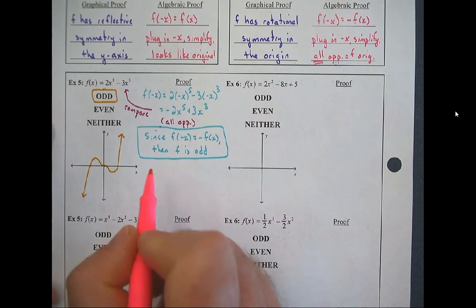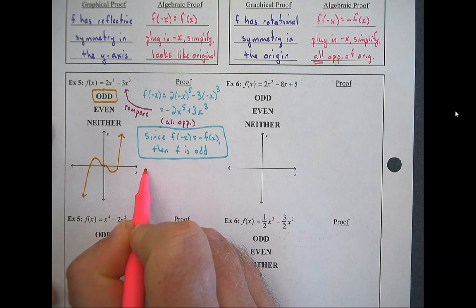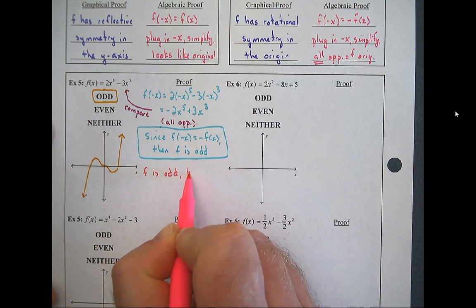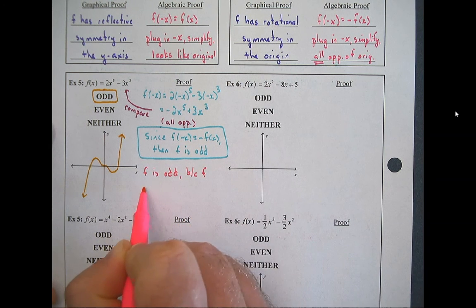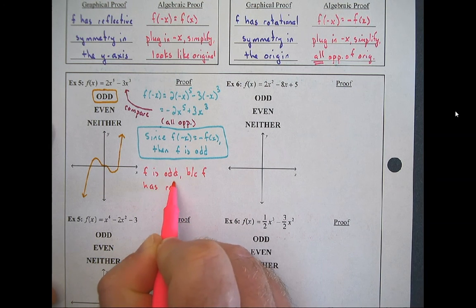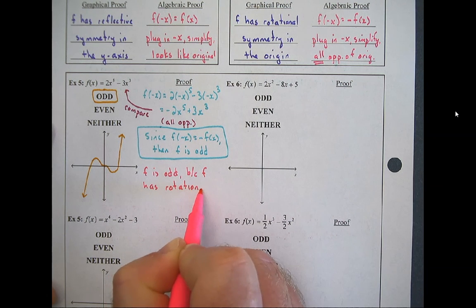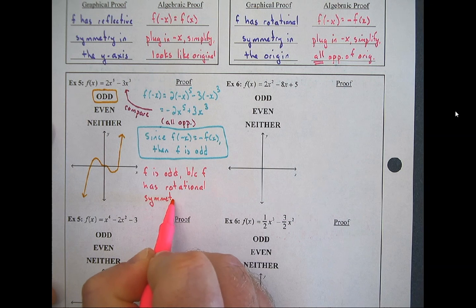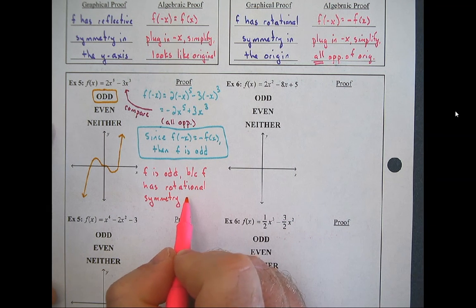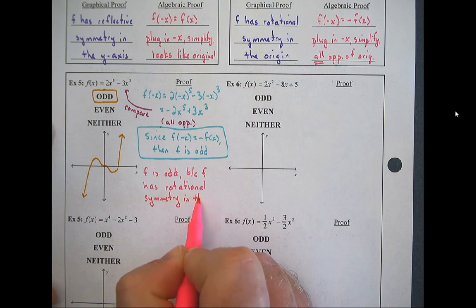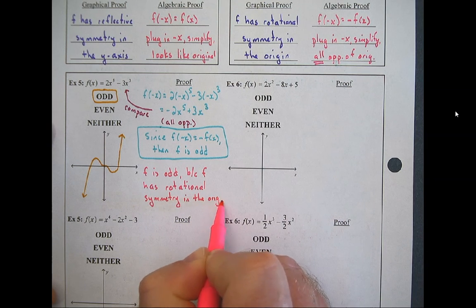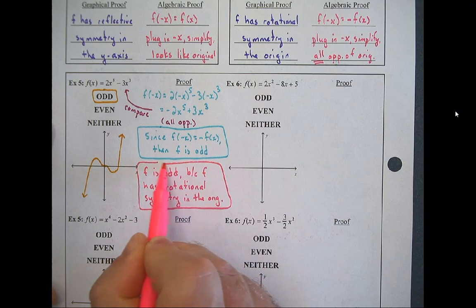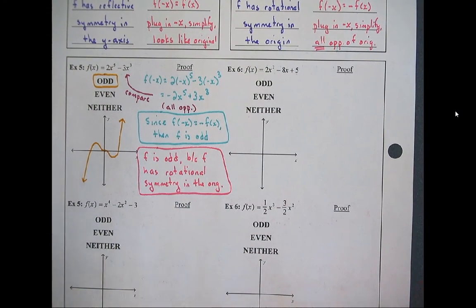So we would say f is odd because f has rotational symmetry in the origin. You may not just write that f has rotational symmetry and call it good. It has to have specifically rotational symmetry around the origin.